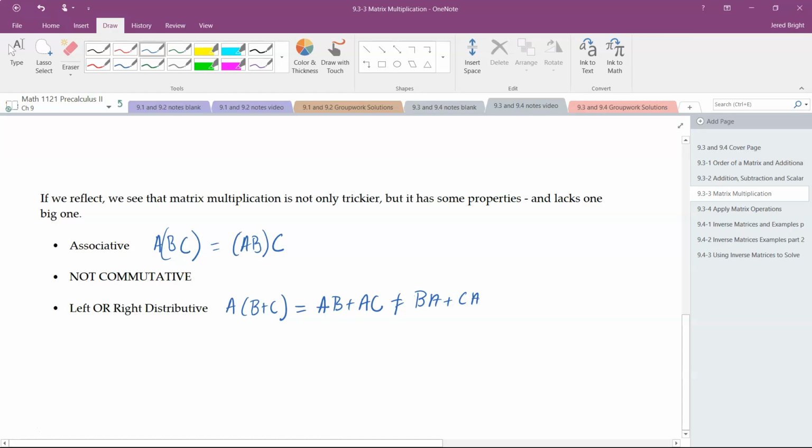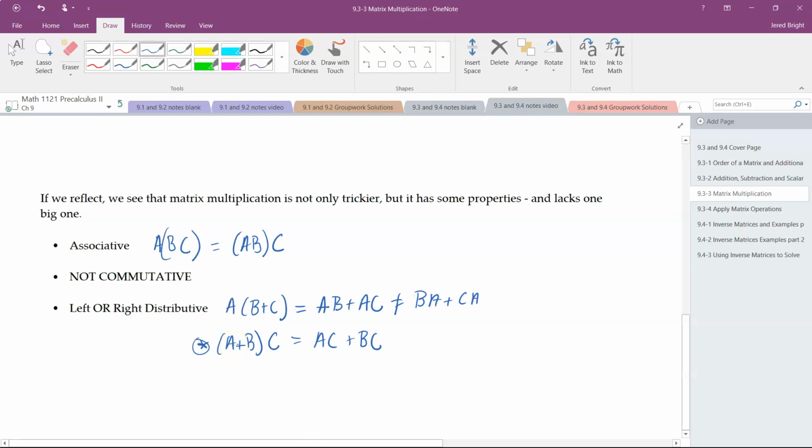So that's left distributive. Right distributive would mean you have A plus B all times C, and then you would have the matrix product AC plus BC. Noticing that the C goes on the left, this is the one that takes a little bit more mental energy to think about.